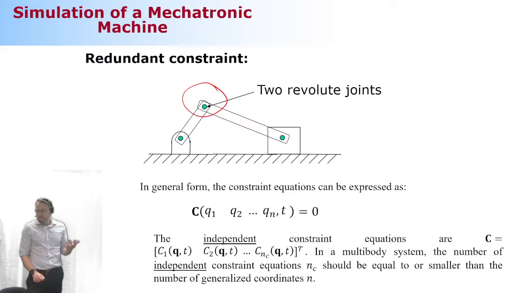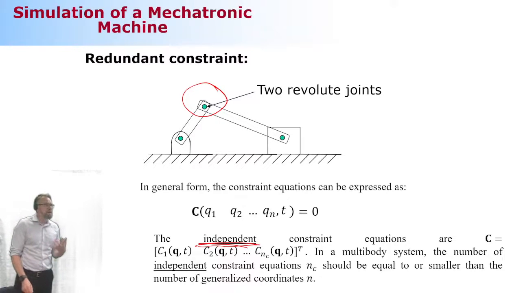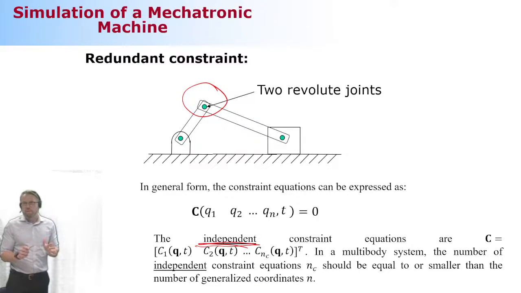Why not? Because constraints are supposed to be independent. They are not independent because they are eliminating the very same motion possibility. This is what is called a redundant constraint. Very often asked in the midterm exam: what is a redundant constraint? Good to memorize that.